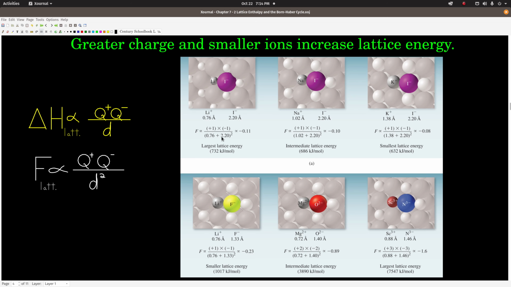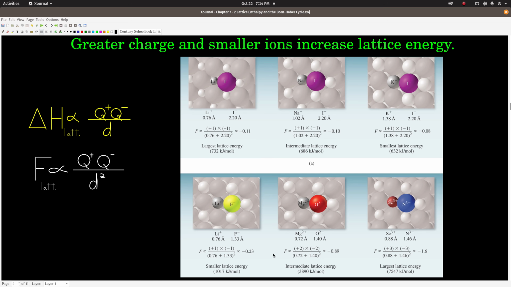This distance is the smallest, so we get the most negative force, and we get the largest lattice enthalpy or energy of these three. And potassium being the largest gives us the largest D, and so that means we get the smallest lattice enthalpy.